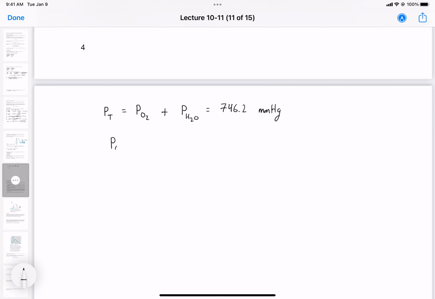The pressure of oxygen equals 746.2 millimeters of mercury minus the partial pressure of water, which is 18.7. That will give us a value of 727.5 millimeters of mercury.